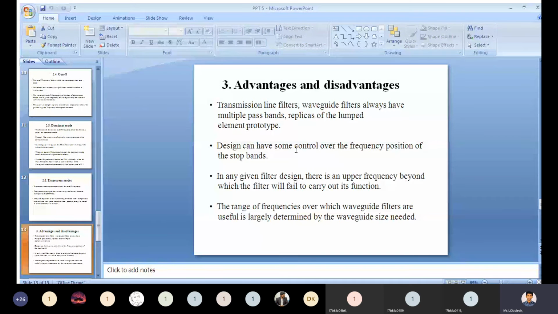In most designs, only the lowest frequency band is useful, and the rest are considered unwanted artifacts.